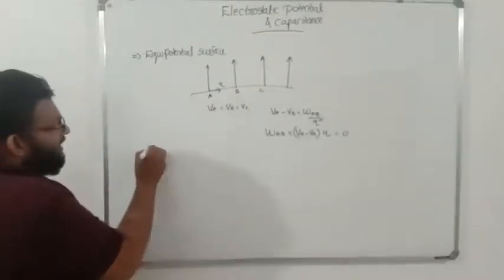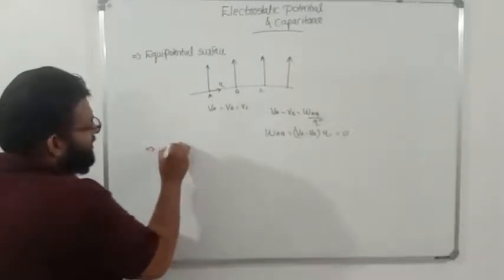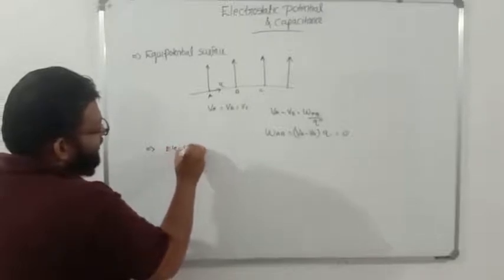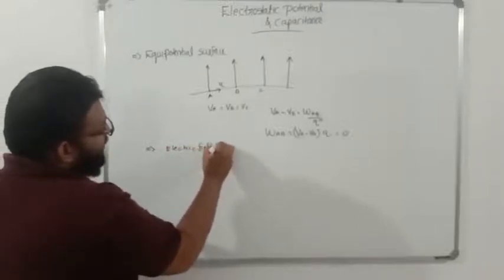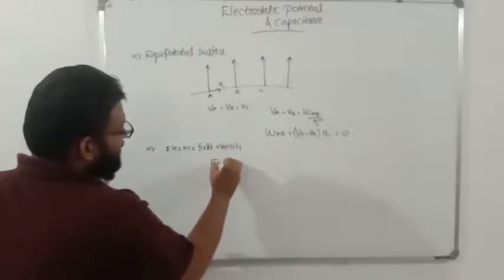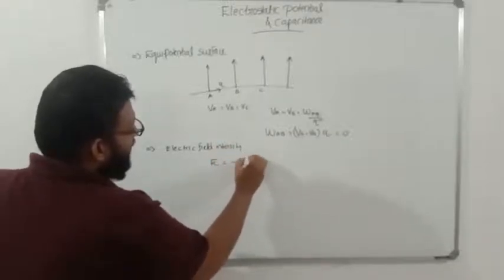Another thing we can say is that in an equipotential surface, electric field intensity, which is a vector quantity, is given by minus of del into potential.